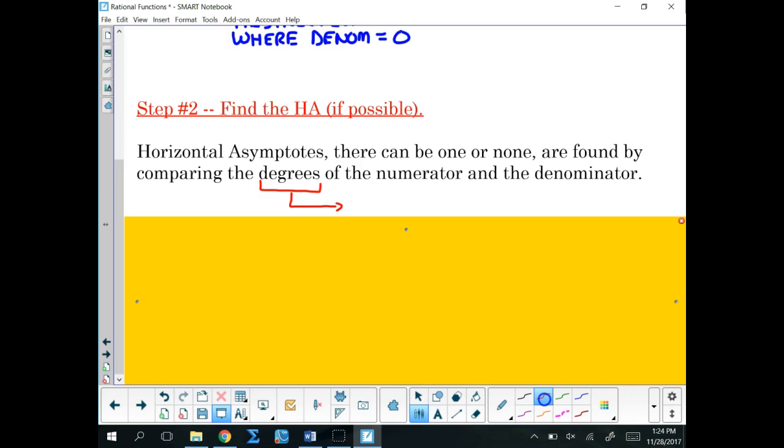The biggest exponent. Now, I'm going to compare a number from the numerator to a number in the denominator. So I'm comparing two numbers, right?